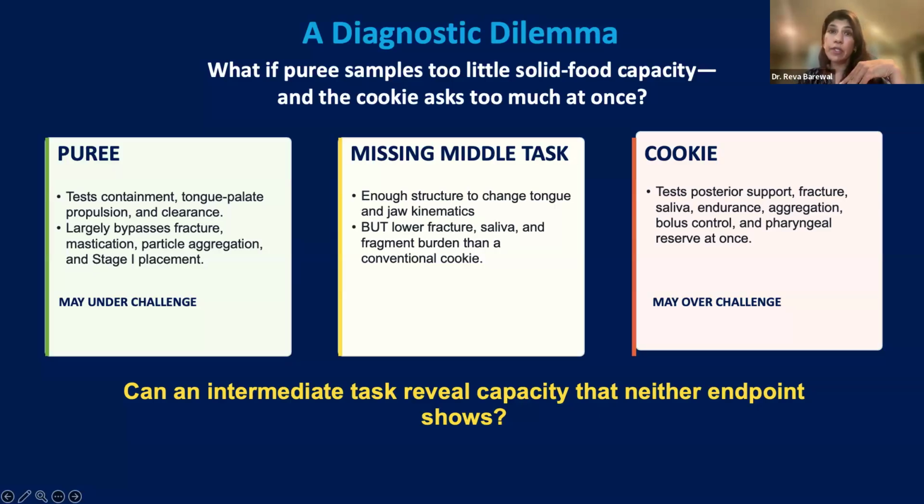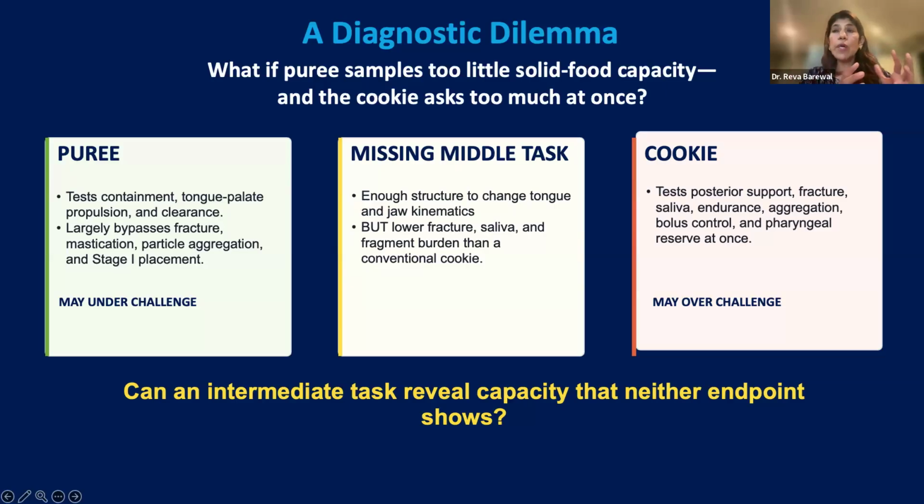Now you go to the other extreme and the cookie, like the Lorna Doone cookie, can fail because the patient might not have the posterior support to fracture that product, they might have a dry mouth, they might have low endurance. Particle collection might be an issue. And pharyngeal reserve are all challenged all at the same time. So that one task may be asking too much of the patient.